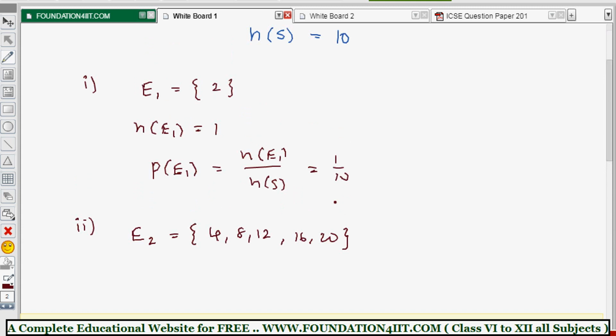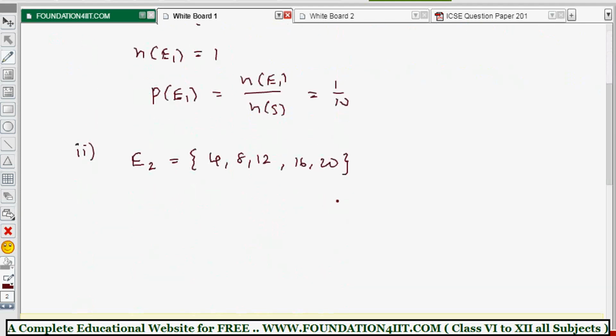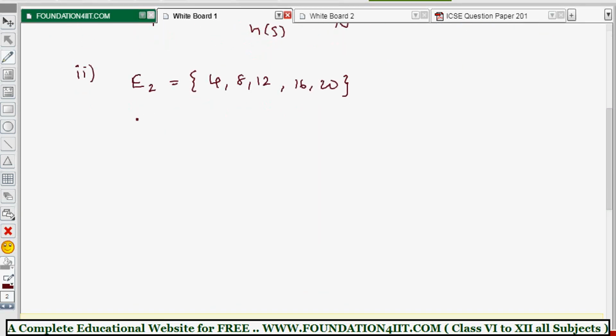Okay, from the sample space only, till 20. Then the number of elements in this case is 1, 2, 3, 4, 5. Only 5. Then probability is n of E2 by n of S. So 5 by 10.